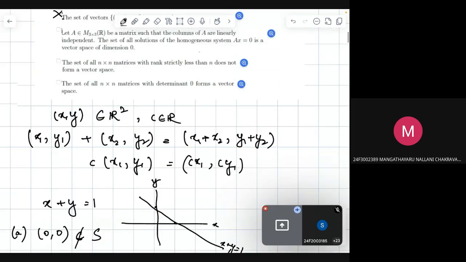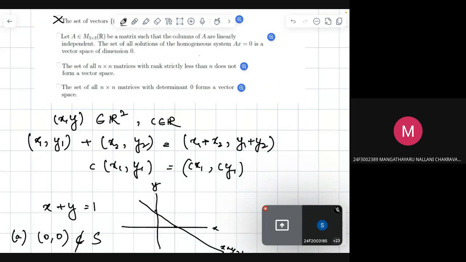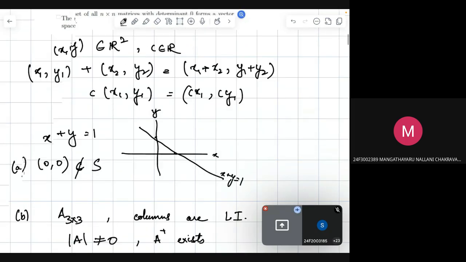Now, the set of all solutions of homogeneous system Ax equal to 0 is a vector space of dimension 0. So we have to say whether this statement is true or false.